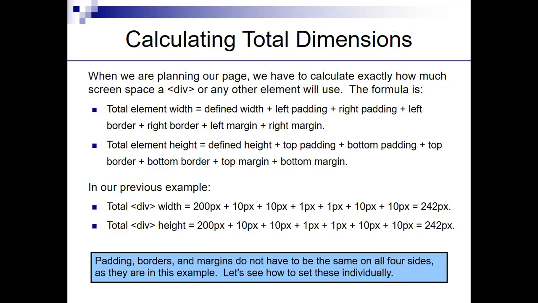So to get the total element width, you must specify the defined width. The defined width in our case is 200 pixels, and the left padding is 10 pixels, right? Of course, the right padding is also 10 pixels, and the left and the right border are 1 pixel each.